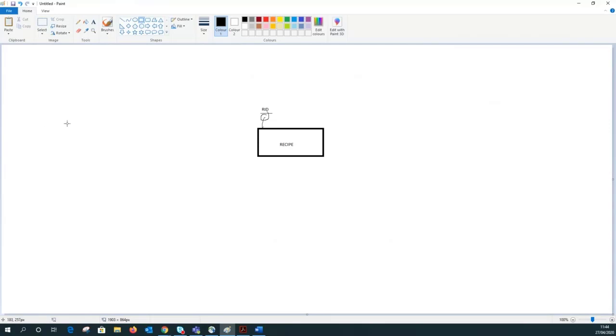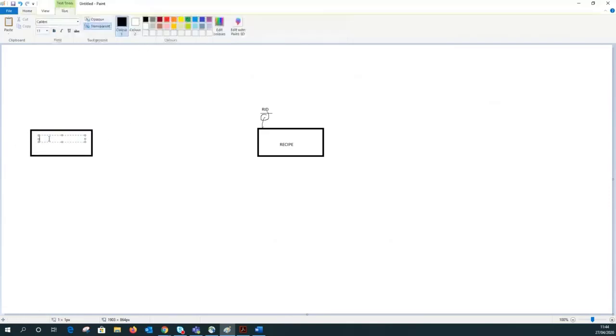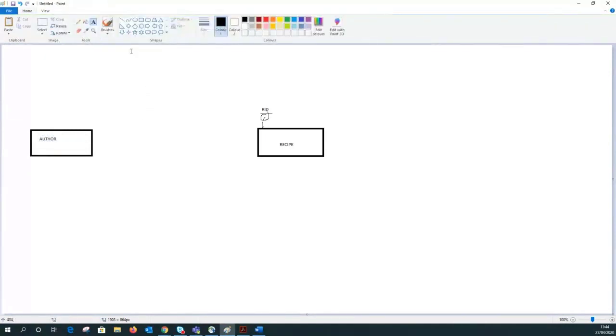So let me put it somewhere here. Let's identify the author. Looks like pretty much an entity. So what it says is authors are submitting the recipes, right? That is how it looks like.